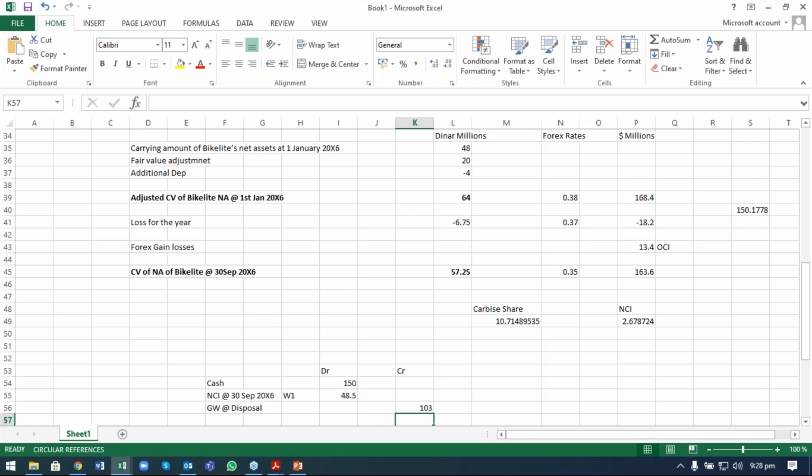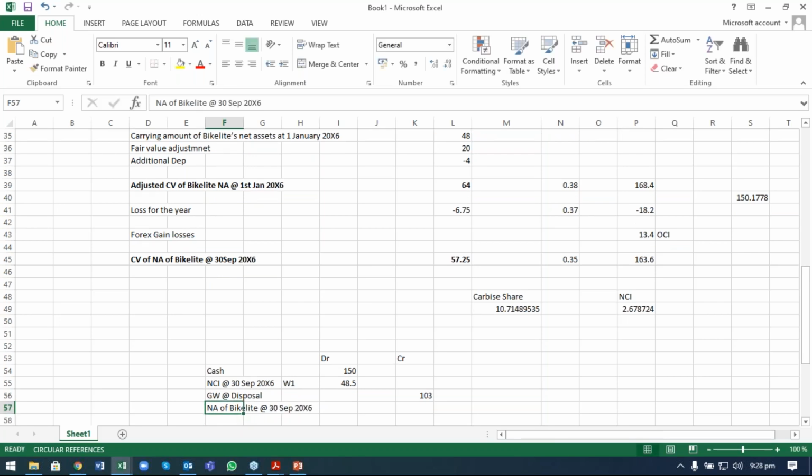Another entry that should be accounted for: goodwill at disposal date, then net assets of Backlight at disposal date, or I would mention 30th September 20X6. I need to mention the same thing over here for the goodwill. I'm mentioning the date along with this to make sure the examiner understands what I'm doing right now.